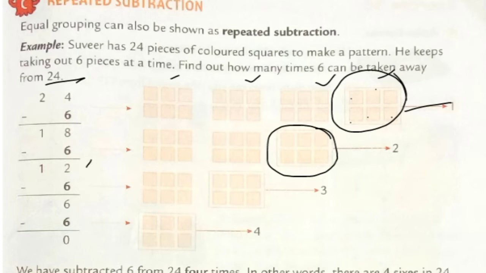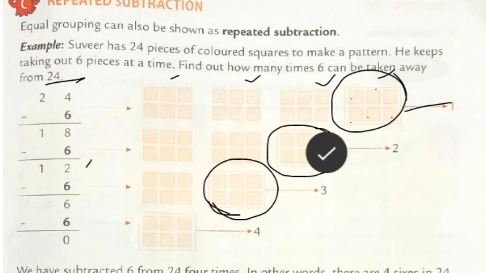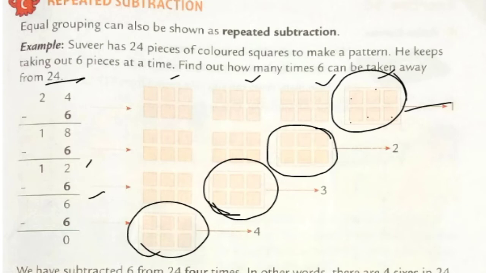Now out of this 12, he has again taken out a set of 6 tiles. Then he is left with only 6 tiles. Then now again he has taken out a set of 6 tiles. Then he is left with 0.